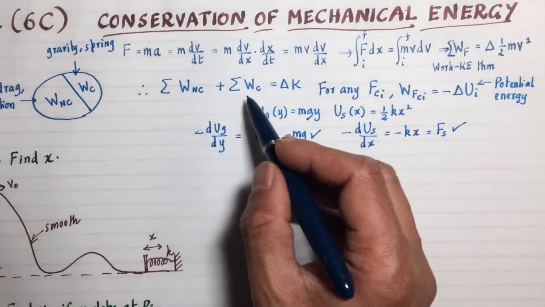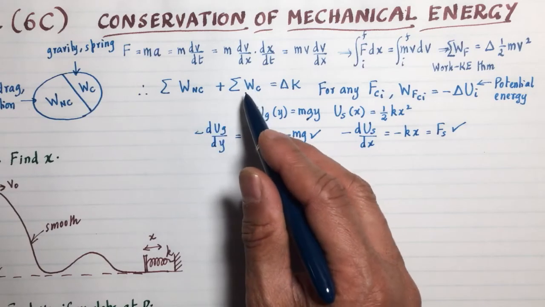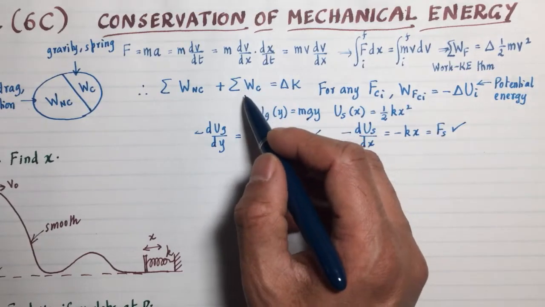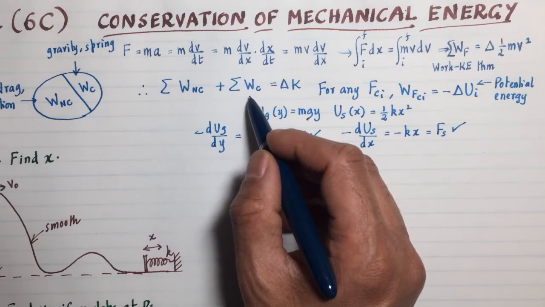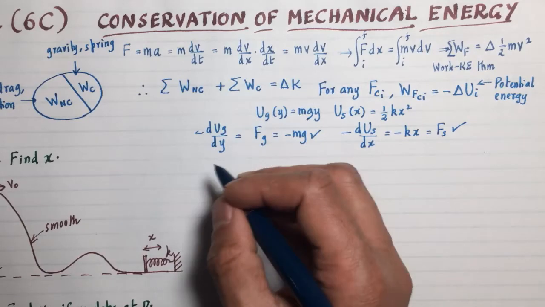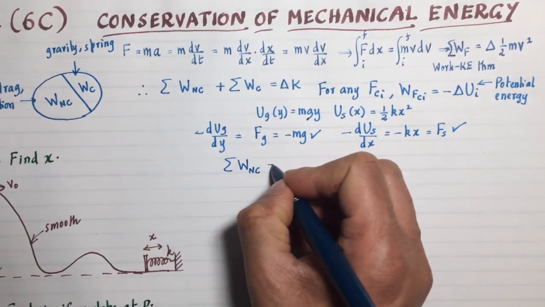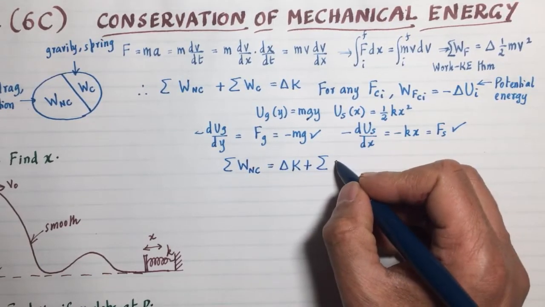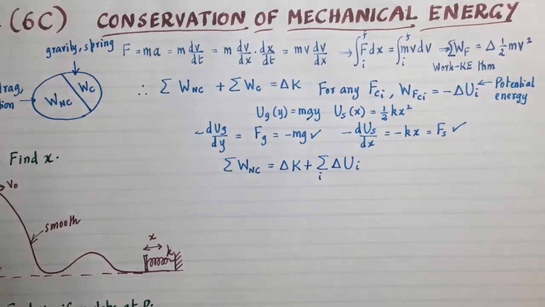So if you write it in terms of non-conservative forces plus conservative forces, then we can take all the potential energy contributions to the right hand side, since this is equal to negative delta Ui summed over all i. So I'm going to end up getting the sum of all the non-conservative works is equal to the change in the kinetic energy plus the sum of the changes in the various potential energies Ui summed over all i.